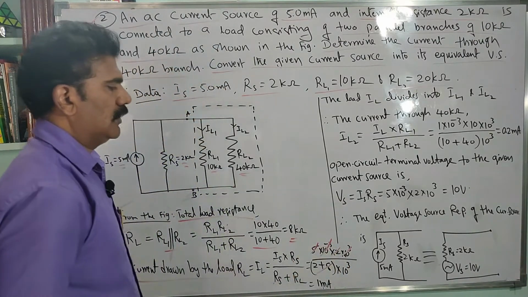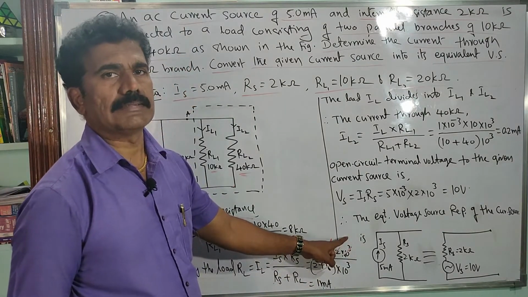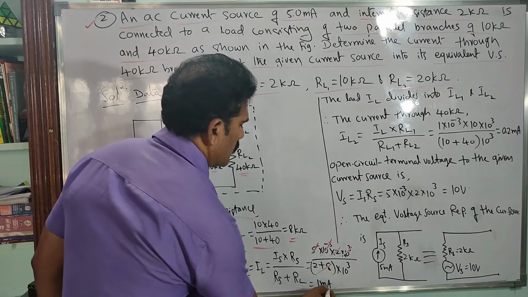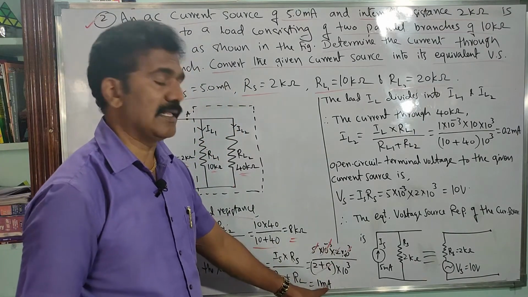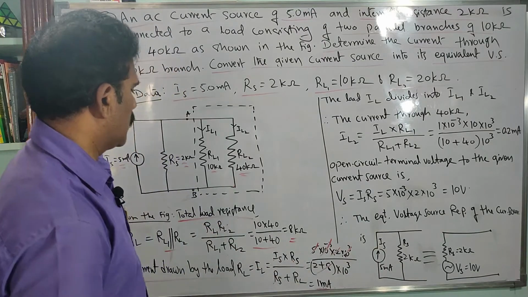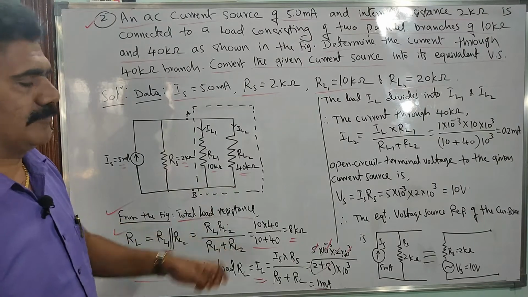Only 10 to the power of 3 in the denominator, which you take to the numerator as 10 power of minus 3. So the value is 1 milliampere. 10 power of minus 3 means milli. So 1 milliampere is the current drawn by the total load RL.